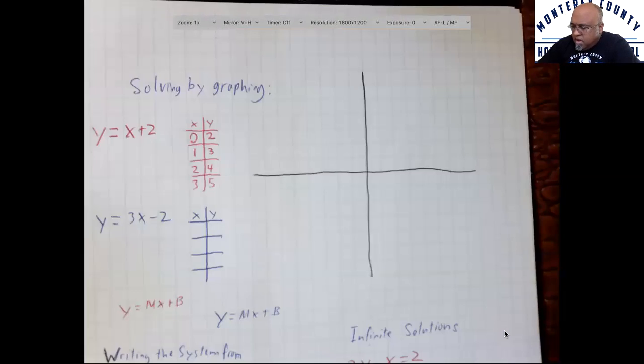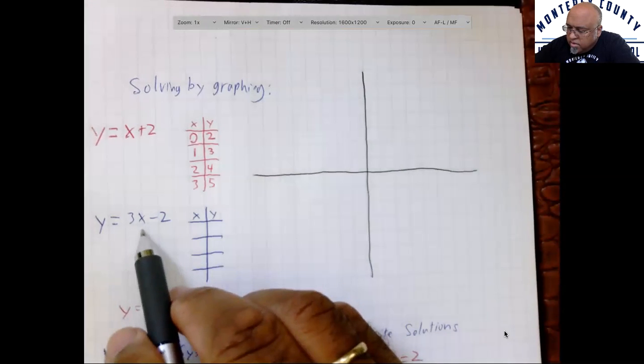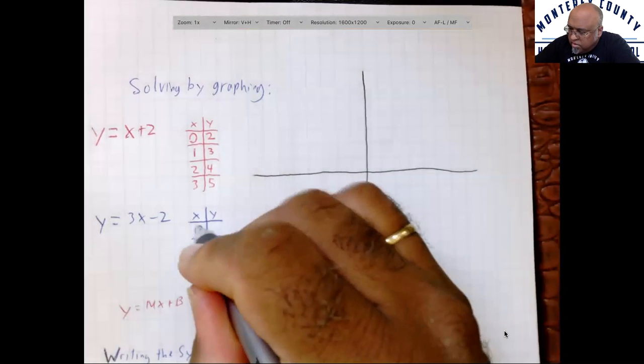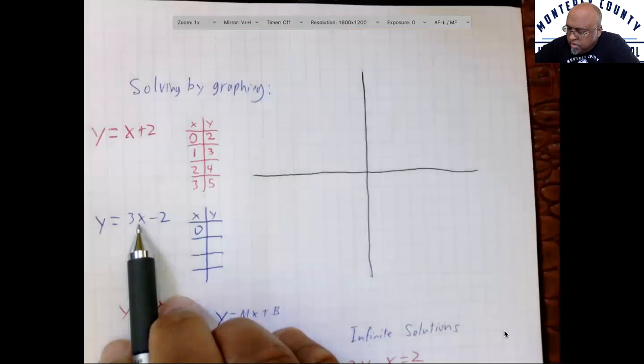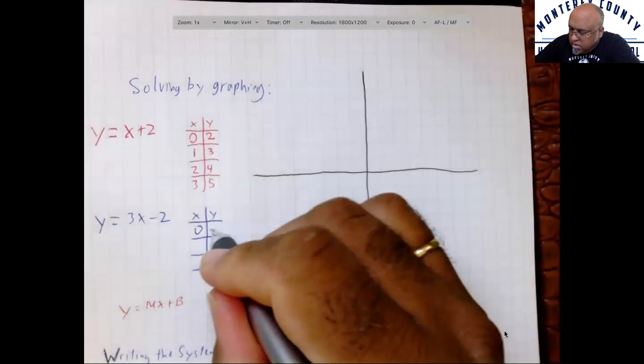Okay, now let's do the same with the blue line. We'll come up with a table of values. So 3x minus 2. If x is 0, then 0 times 3 is 0, 0 minus 2 would be negative 2.